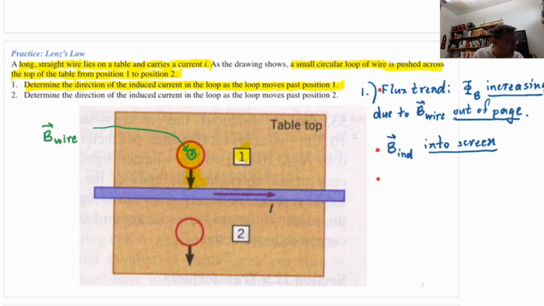And then the third step is to just use a right-hand rule argument. Okay? If I have a B induced out of the page, hold your thumb out towards you, and look which way your fingers circulate.